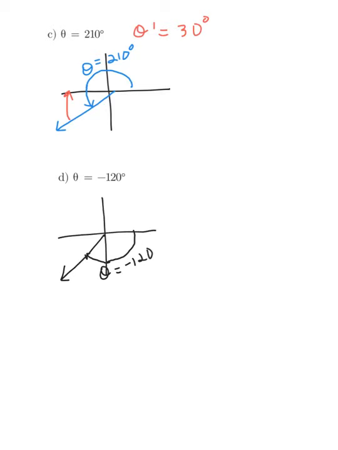We ended in the third quadrant, and any time that you end in the third quadrant, your theta prime is from the terminal side up to the negative x-axis. So there's theta prime. What we have to figure out is, how much is that?